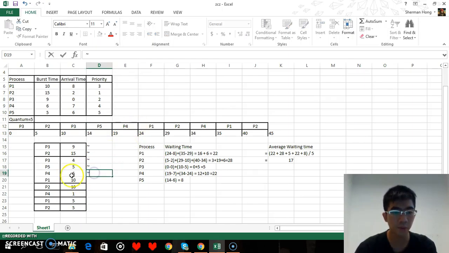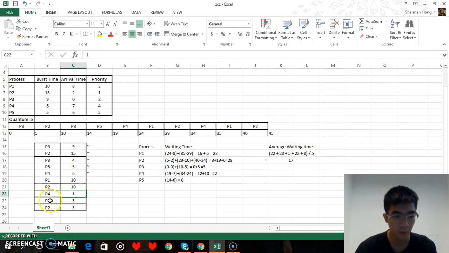And then since P4 is going to have a balance, we do it from 19 to 24, and then 6 minus 5 we balance 1, and then we update it. And then the next one we have to do P1. So P1 goes from 24 to 29, which is going to do 5, so 10 minus 5 equals 5, we balance it.